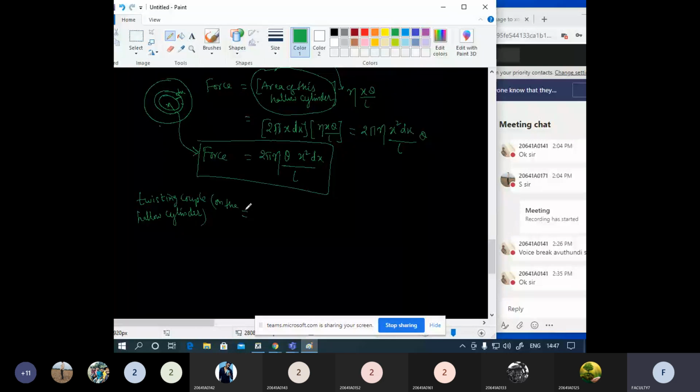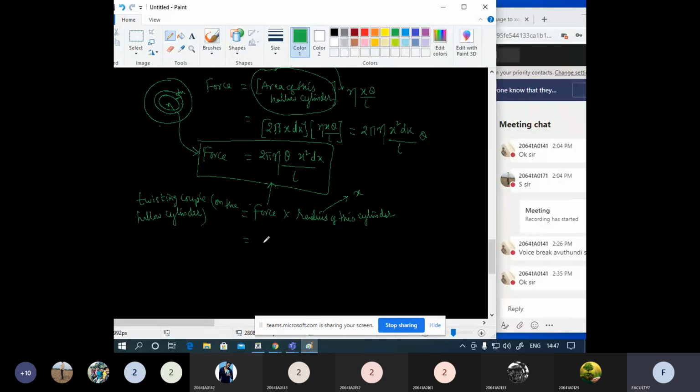This can be written as force into radius of this cylinder, not the entire cylinder, only the hollow cylinder. What is the radius here? It is x. What is the force here? This is the expression for force. Now you multiply this force with x.